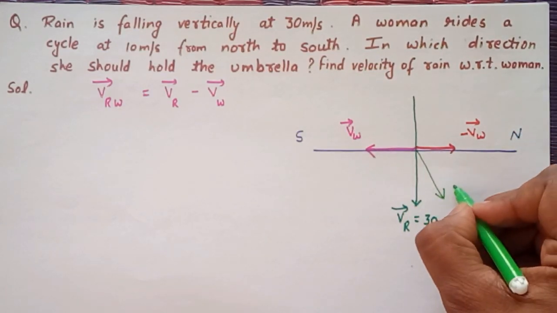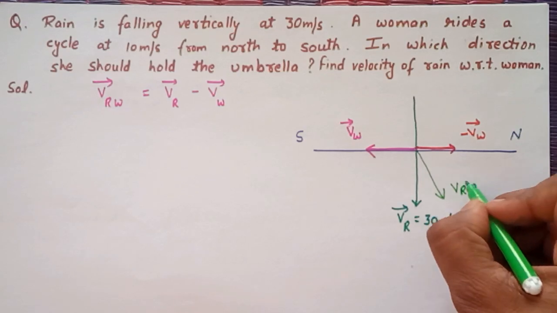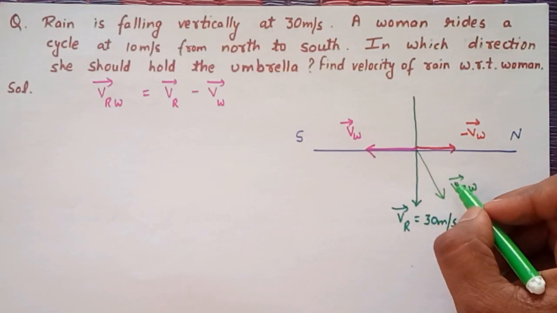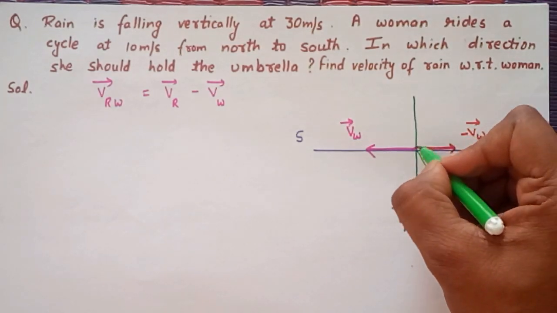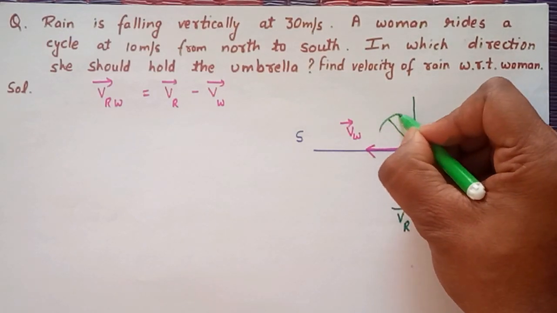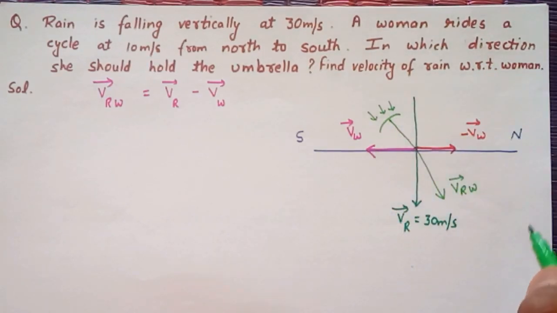This is velocity of rain with respect to woman. It means the rain will appear to the woman coming in this direction, not vertically. So she should hold her umbrella like this. This should be the umbrella, and she will feel that rain is coming from this direction.